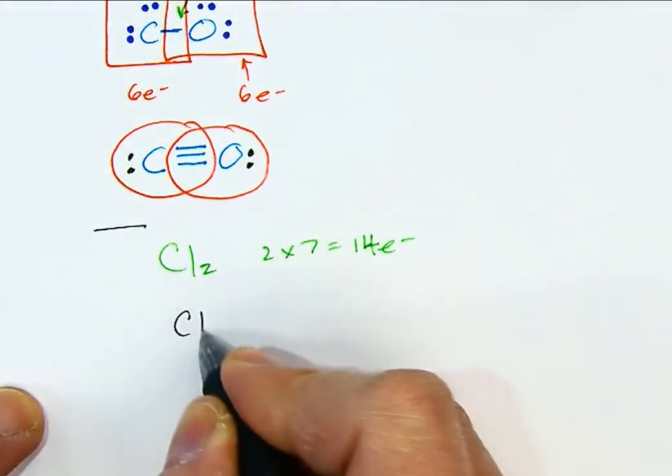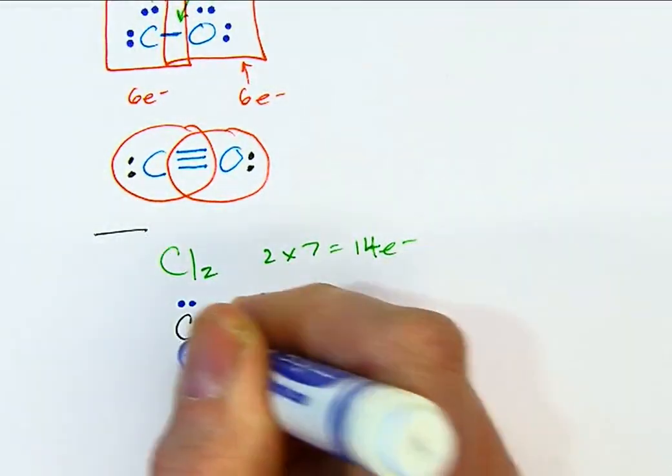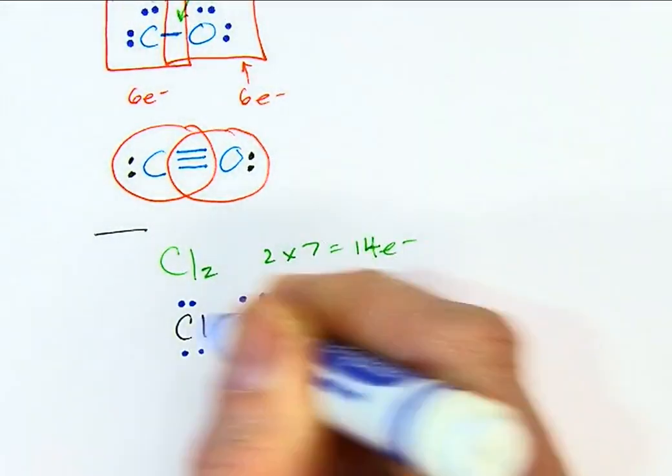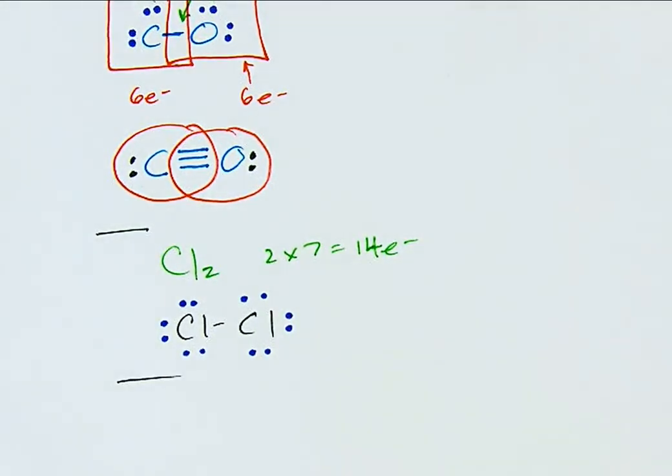We have just a Cl and a Cl. That's 2, and 4, 6, 8, 10, 12, 14. There's no double bonding in chlorine. We're done. It's pretty simple. Okay? But the reason I showed you that is because we don't always know.